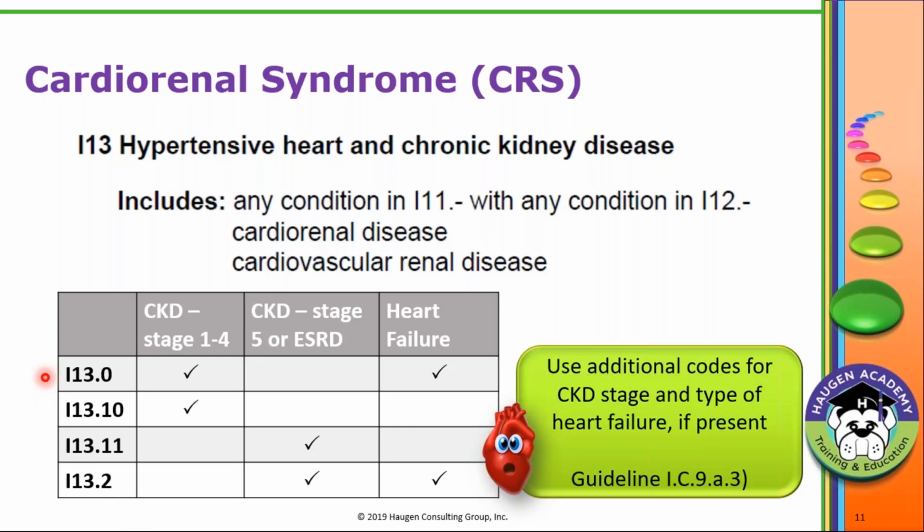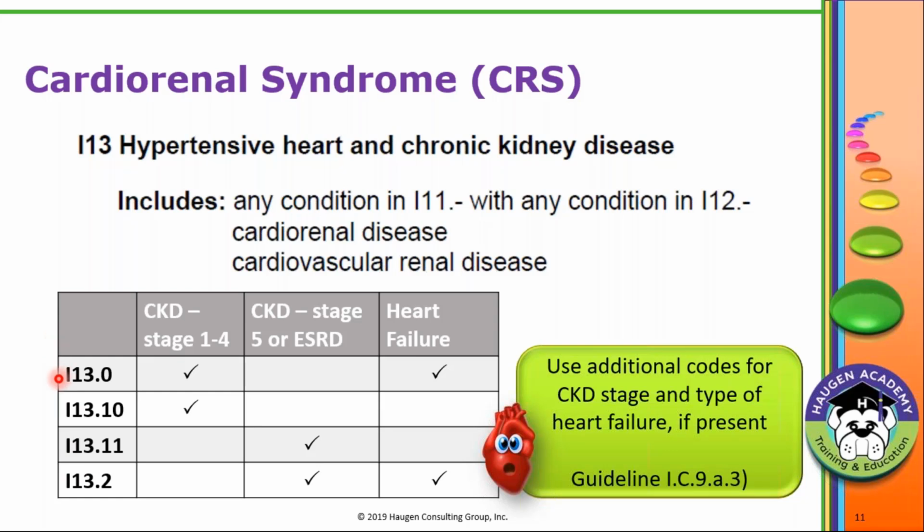The codes within this category are set up to identify the broad stage of CKD, either stage 1 through 4 or stage 5 or end-stage renal disease, as well as the presence of heart failure. And this grid here just shows you a pictorial of how the codes fall.